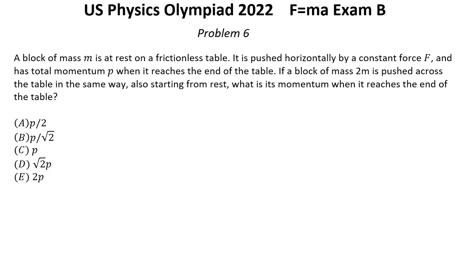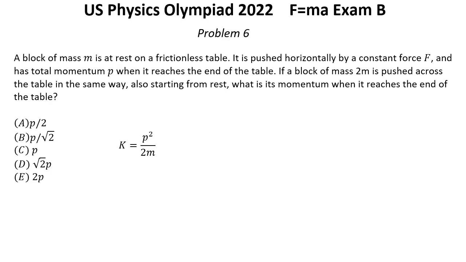Solution for problem number 6. Since the forces and the distances are the same, the total work done is the same. It means that total kinetic energy is the same, and the kinetic energy is related to momentum by the formula K equal P square over 2m.